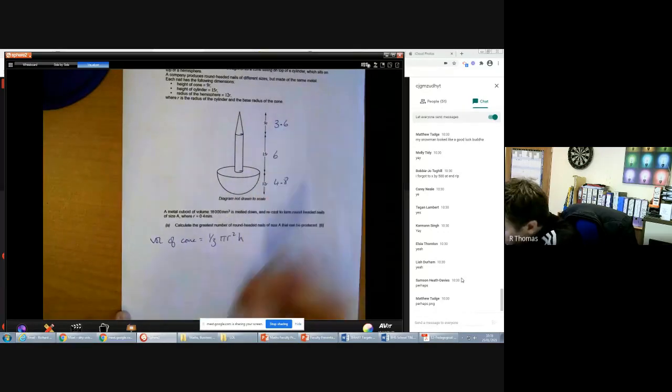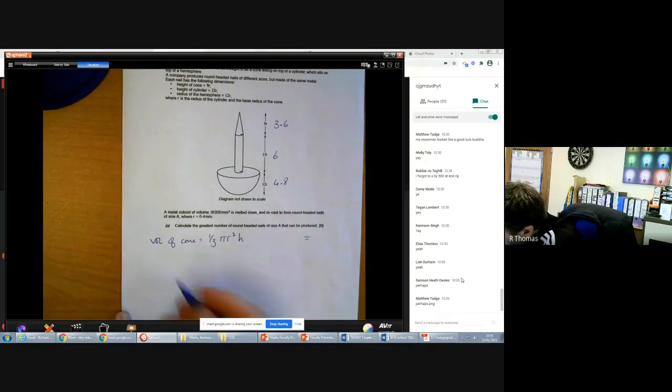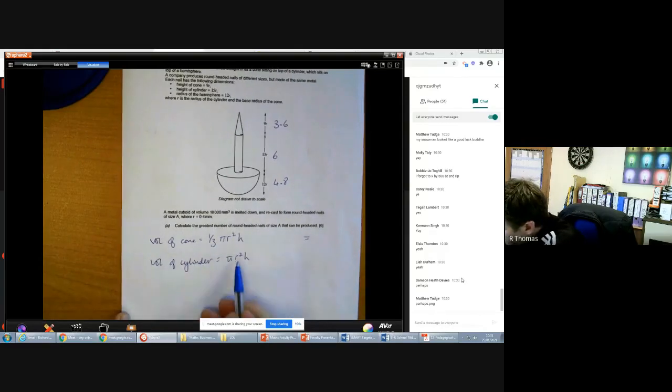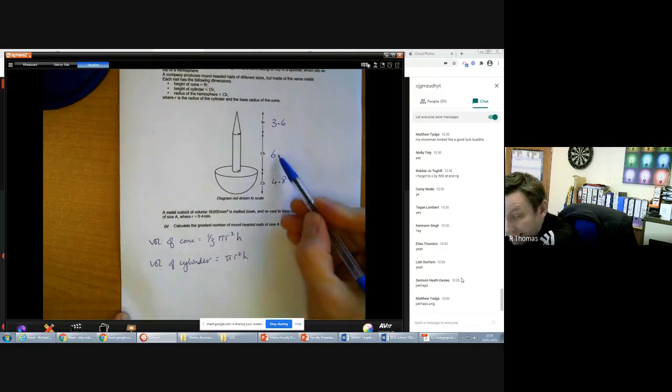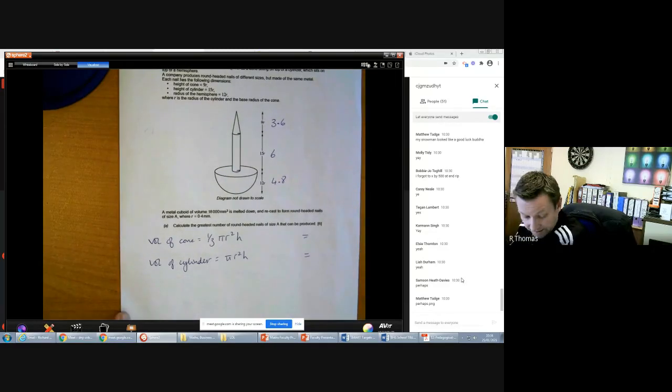The volume of the cylinder is just pi r squared h. We know that r is 0.4 and we know the height of the cylinder is now 6. So you can press some buttons and get an answer for that. The volume of the whole sphere at the bottom, I know there isn't a whole sphere, right?